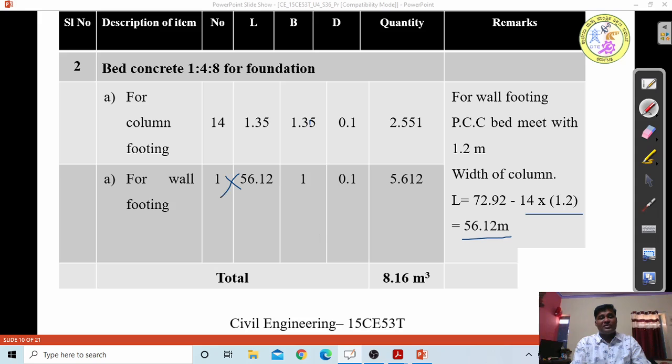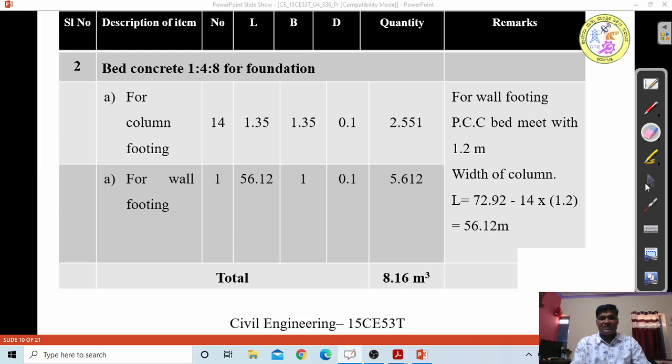So 1 into 56.1 into 1 meter is the width and 0.1 meter is the depth of PCC, which will give me 5.612 cubic meter of bed concrete. So adding both these, I am going to get 8.16 cubic meters of PCC as the total quantity of bed concrete.